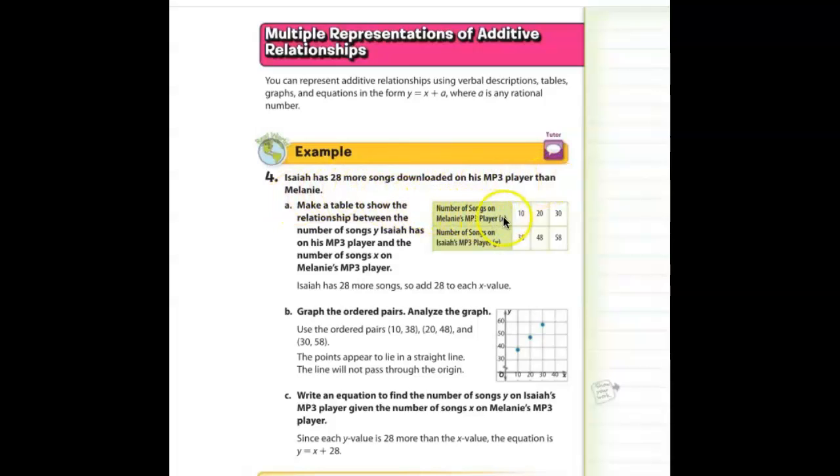So if she downloaded 10, he downloaded 28 more. So 10 plus 28 is 38. She did 20, he did 48. So this is showing the rule that everything that she did, he is always going to have 28 more. So this is showing this in the table.